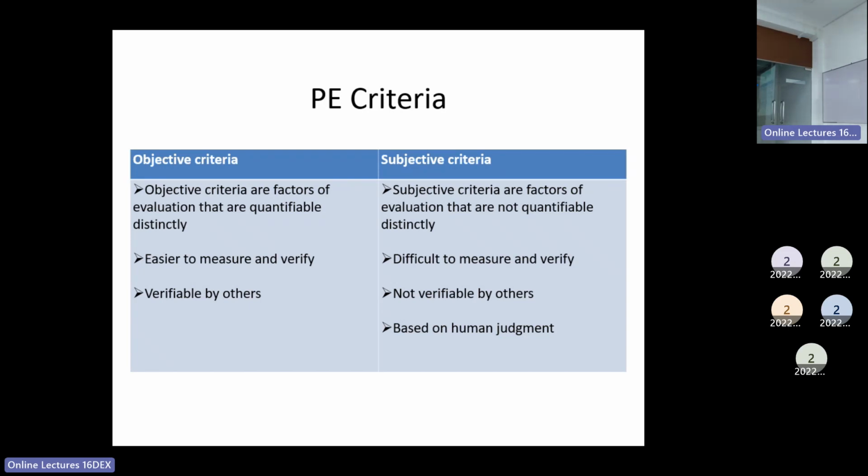Can you suggest one objective criterion that can be used to measure the level of performance of university lecturers? Objective criteria can be quantified, can be measured.